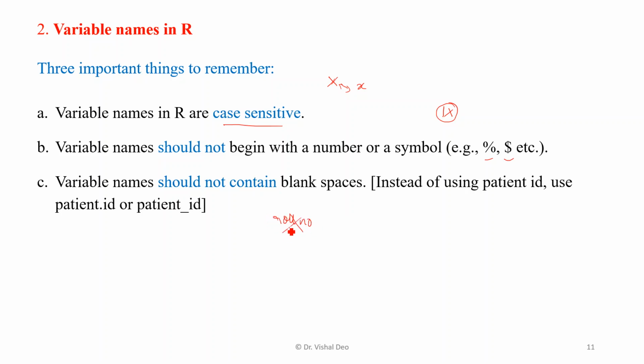This is not right. As a good practice, you can use underscore, or you can use dot, right? Or you can simply write rollnumber without any space. And it is always a good practice to use smaller, shorter names for variables, something which you can identify with, right?